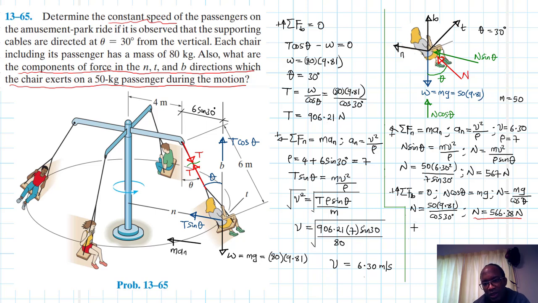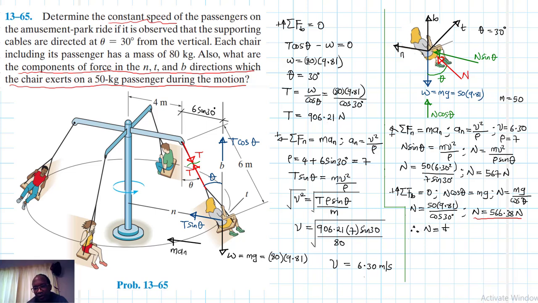So I'll let my N be equal to 566.38 newtons. And then I do have my theta equal to 30 degrees. So using this now, let's get the components, right? I'll start with components along the N axis. So I'll call this NN.